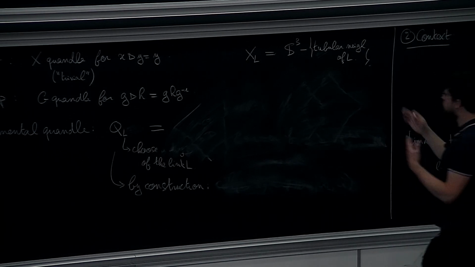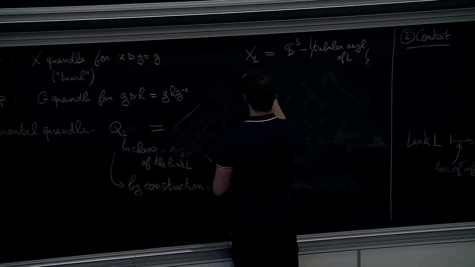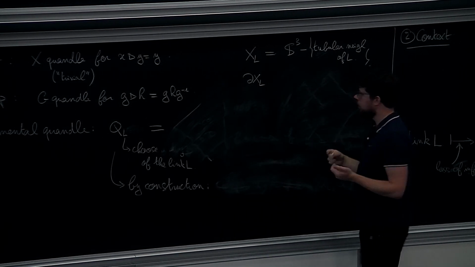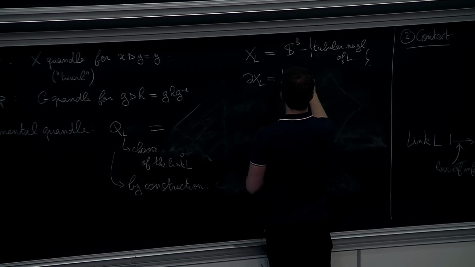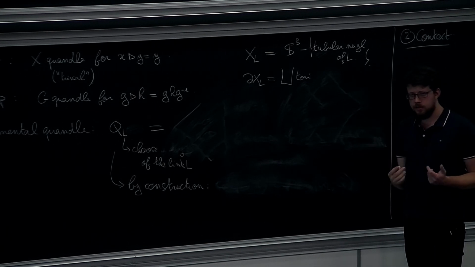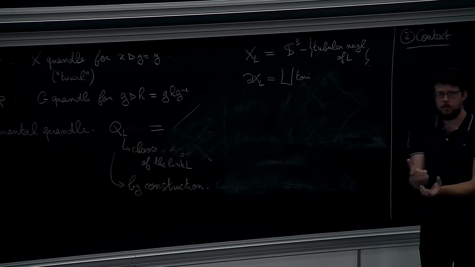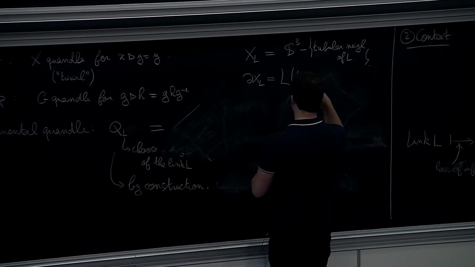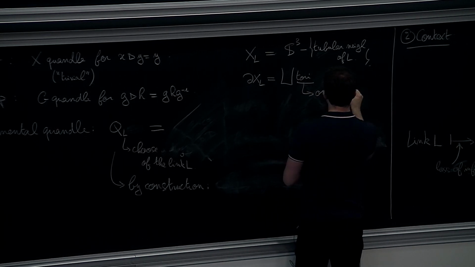And the idea is that if you do that, you get a manifold with boundary, and the boundary is actually a bunch of tori. One torus for each component of the link. You just remove a solid torus around each component.